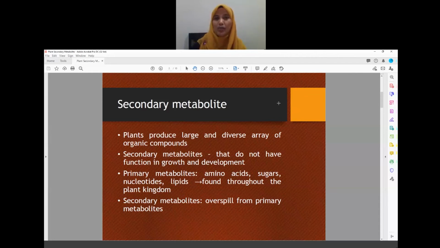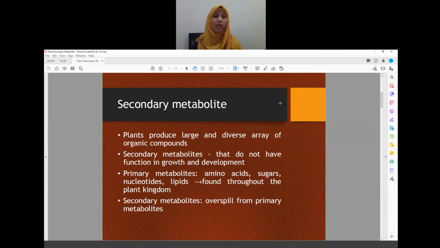From the research perspective, whenever scientists find a new plant, for example, if some of you love hiking and you find a rare type of orchid, then apart from looking at its morphological characteristics, scientists are also very interested in its biochemical compounds, which are its secondary metabolites.